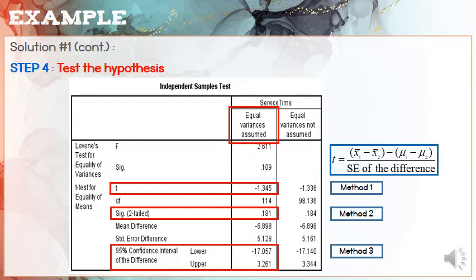So again, saya nak emphasize di sini, saya refer kolom untuk equal variance assume sahaja. Sebab apa? Tadi based on our Levene test, kita assume equal variance.